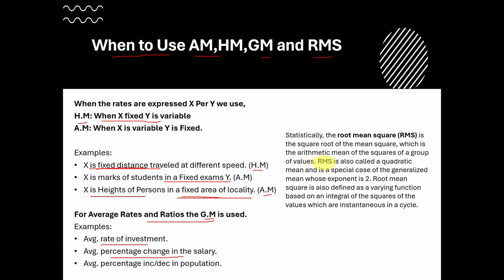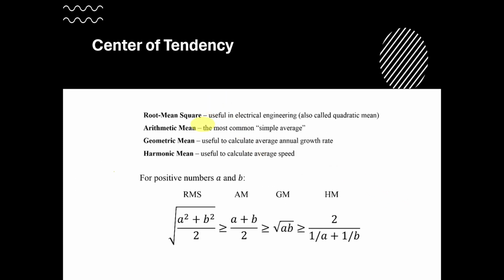RMS is also called a quadratic mean, a special case of the generalized mean whose exponent is 2. Root mean square is also defined as a varying function based on an integral of the squares of the values which are instantaneous in the cycle. Now let's understand this by formula.